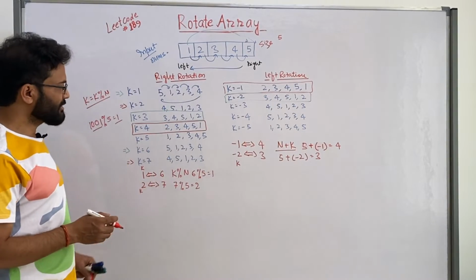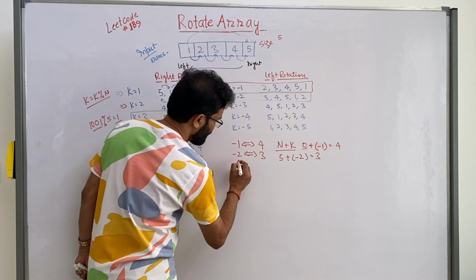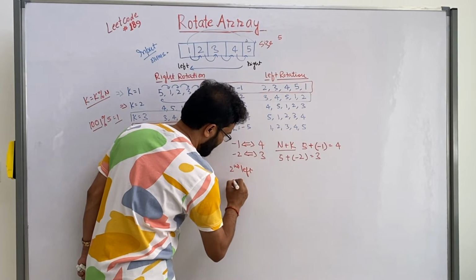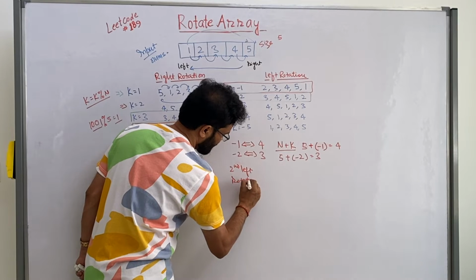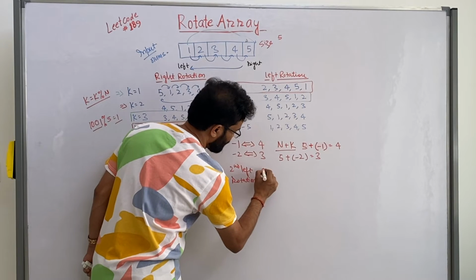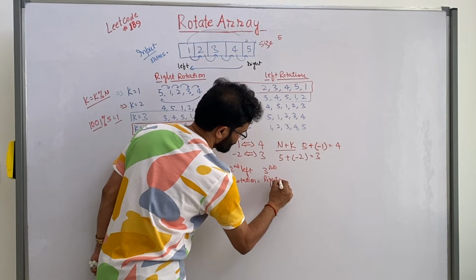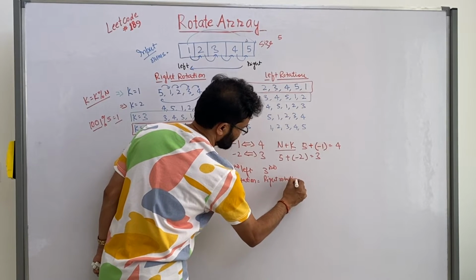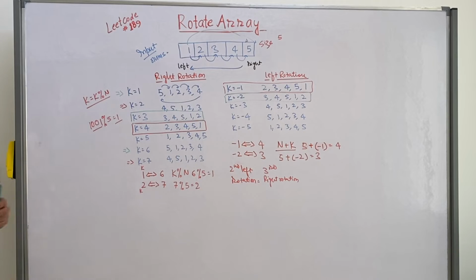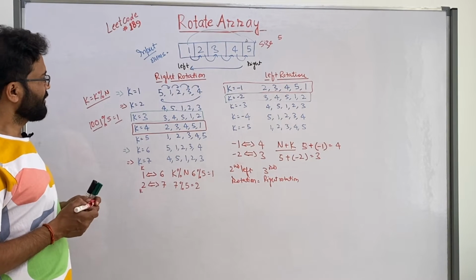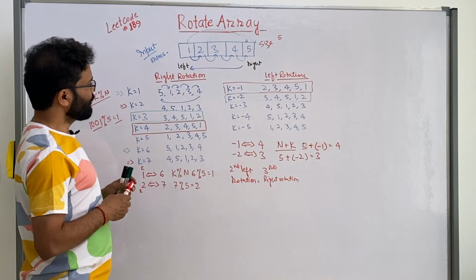So that means left rotation second equals third right rotation. So these are the few observations, it will help you to make your algorithm, right? So let us start the coding, how you can do that.